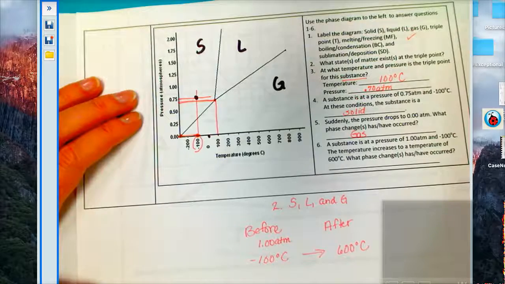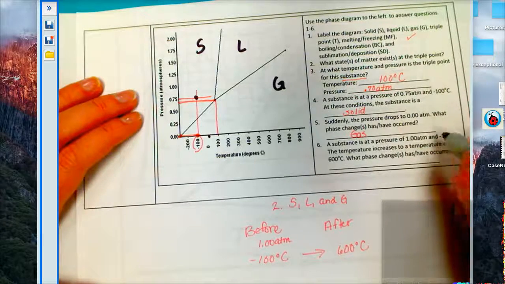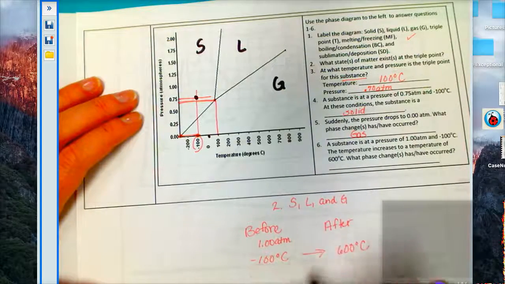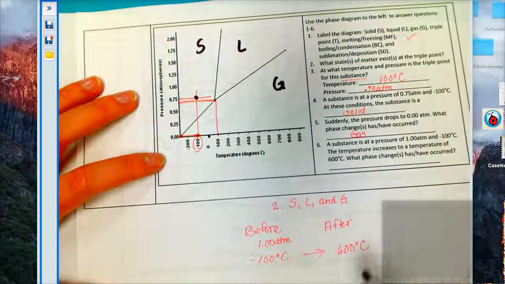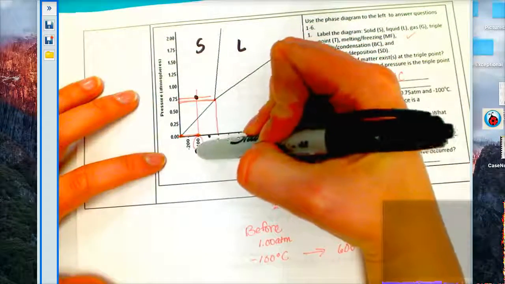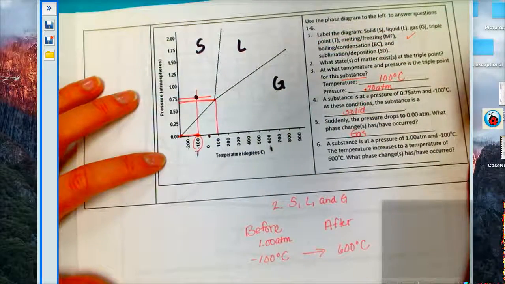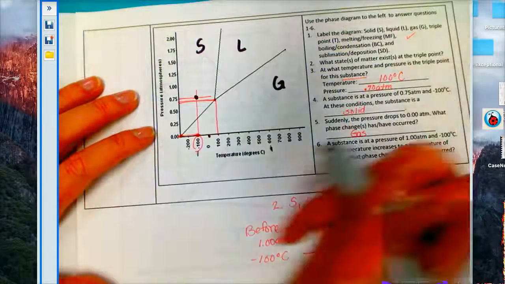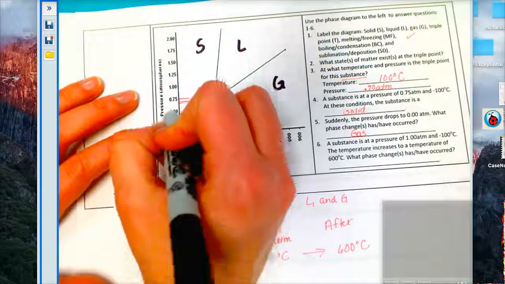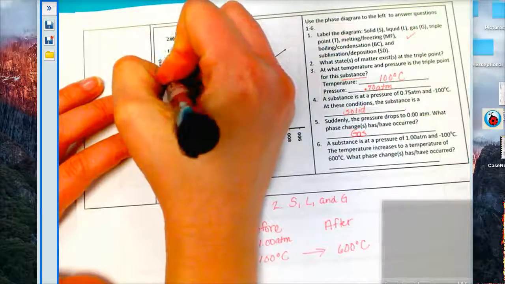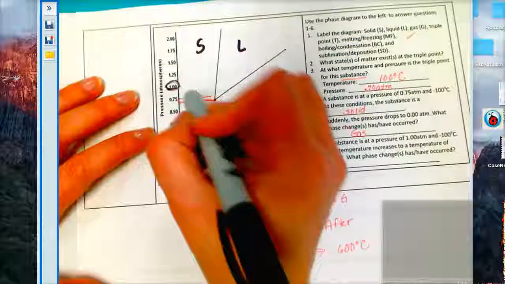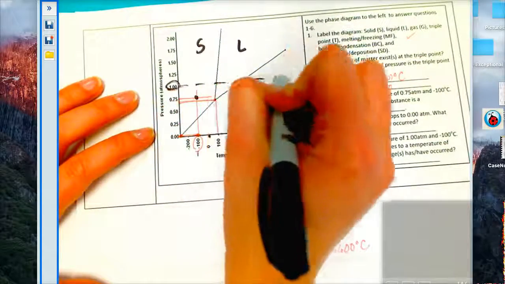Okay, so in this particular situation, we're talking about going from negative 100 up to 600 degrees Celsius. And the question is asking what phase changes or change have occurred. So you're going to start here at the negative 100 mark, and you're going to go all the way up to 600. And it's at a constant pressure, in this case, of 1.00, which is right there. So we're going to have a constant pressure all the way across.